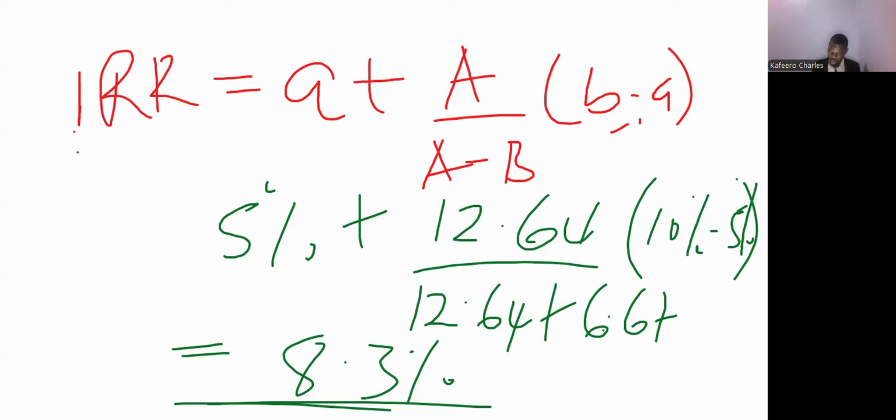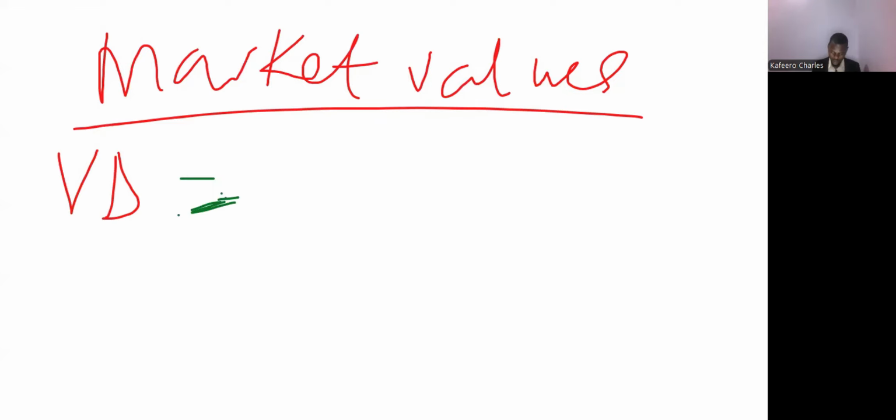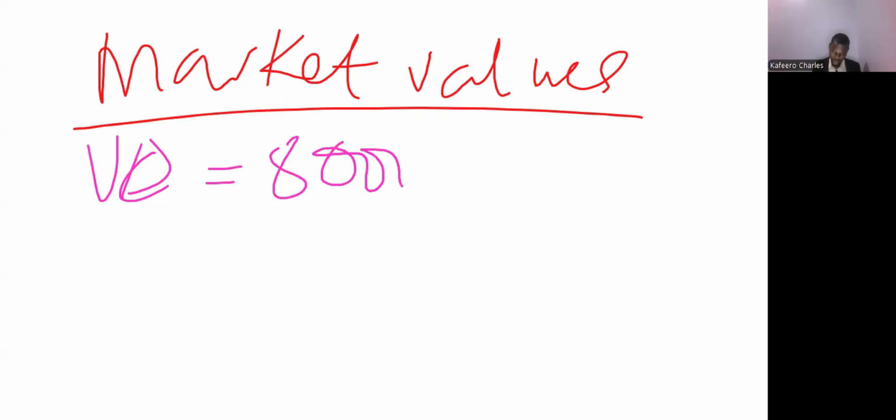We now need to look at the market values, because we need to know the market value for VE and then VD. So VD, of course, they have given us 8. The VD is 8 million. That's the book value over the par value.